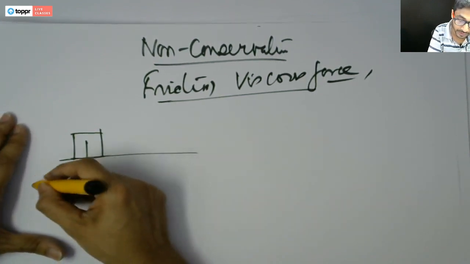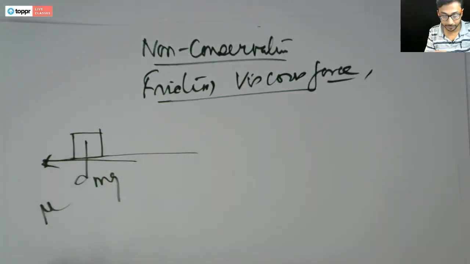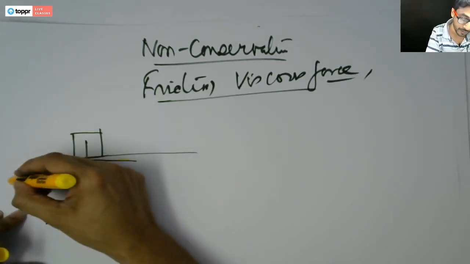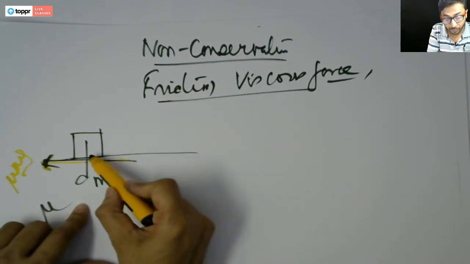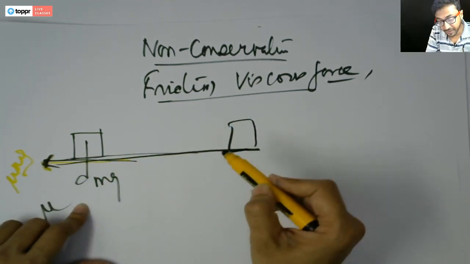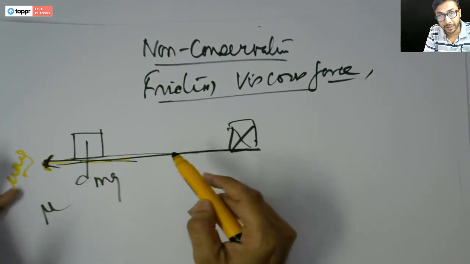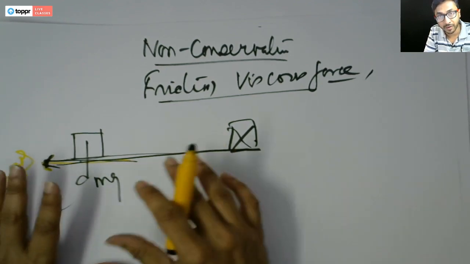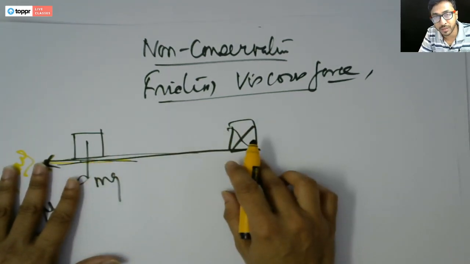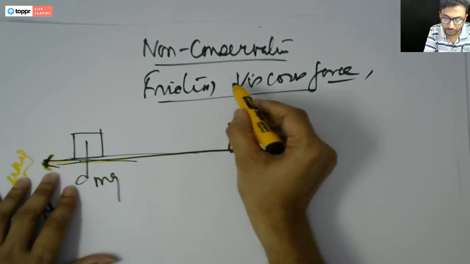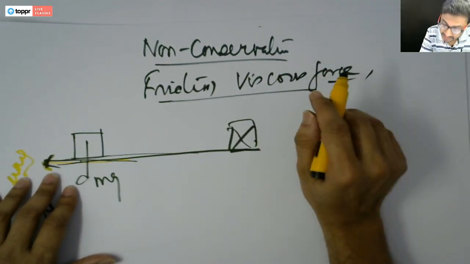Say the coefficient of friction is mu. Friction opposes the motion. So the friction is mu mg. If you take a body through a path which has friction, then this work done we cannot get back. It is lost as heat energy, or we cannot conserve it, or it will not translate into kinetic or potential energy. And for non-conservative forces, it does depend on the path.